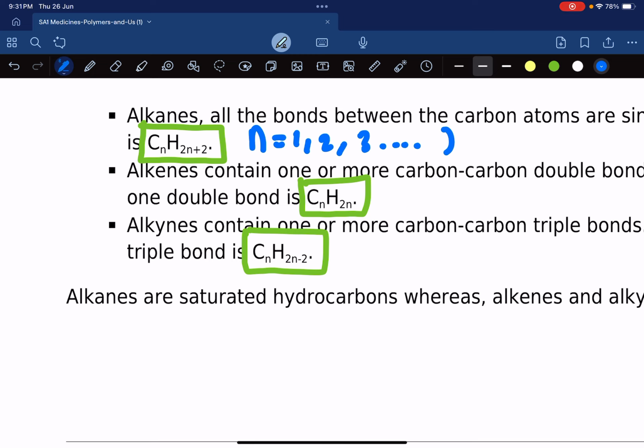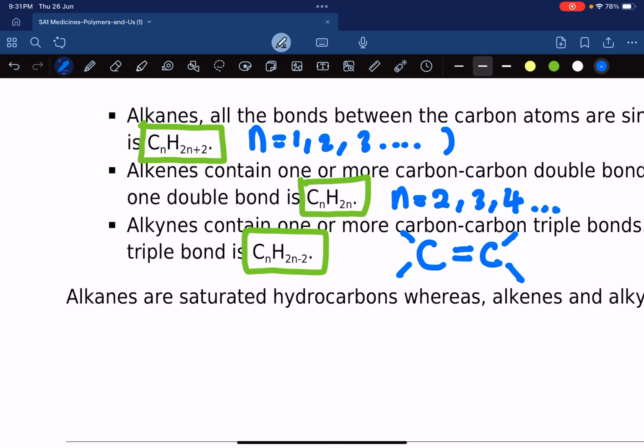Meanwhile, for alkenes, N has to start with 2, and then 3 and 4 and so on. N cannot be 1. You know why? Because for alkenes, minimum you must have one double bond, which means you have to start with 2 carbons. You cannot start with 1 carbon. So the N value always starts with 2.